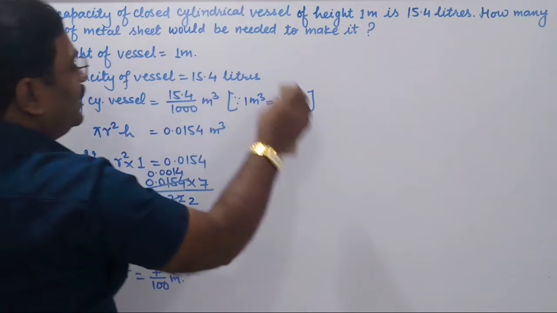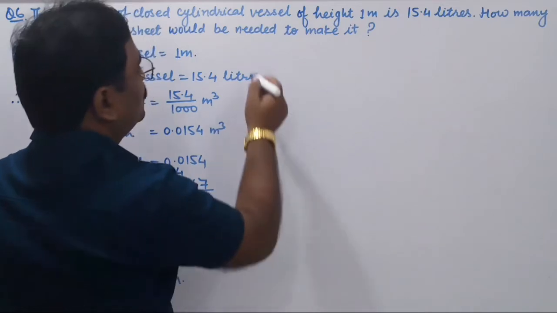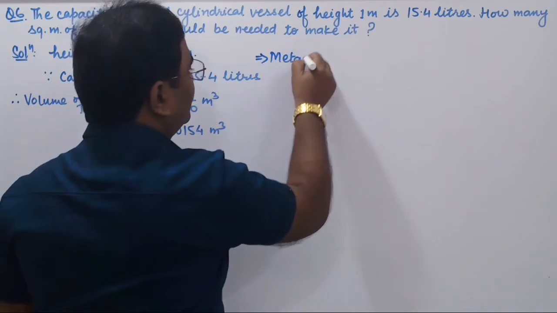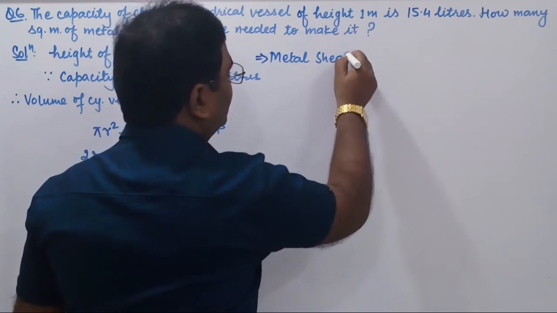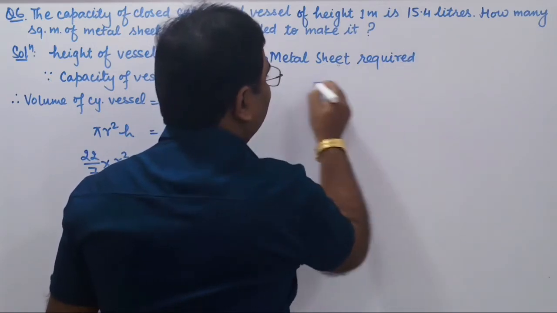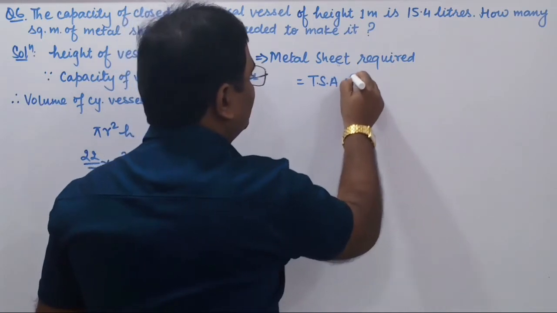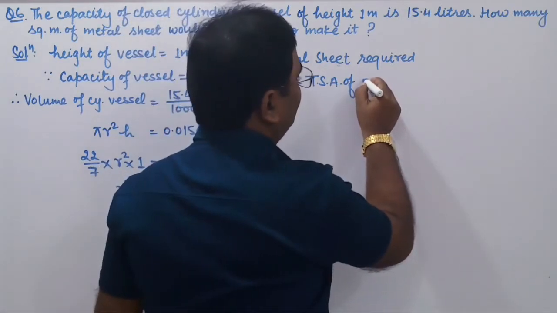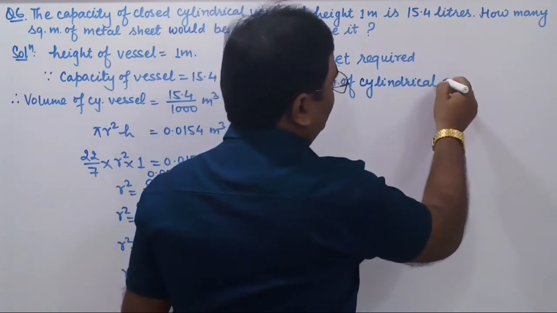So the metal sheet required is equal to the total surface area of this cylindrical vessel.